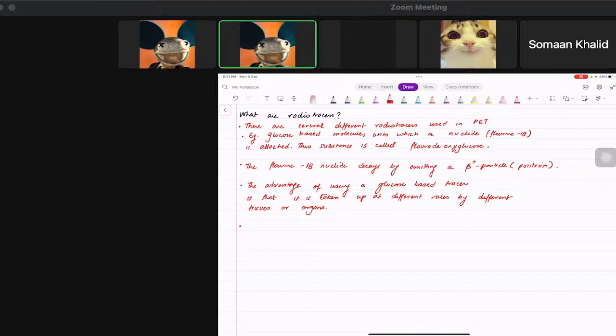Now, the interesting thing here is that cancer cells are more metabolically active than surrounding cells.